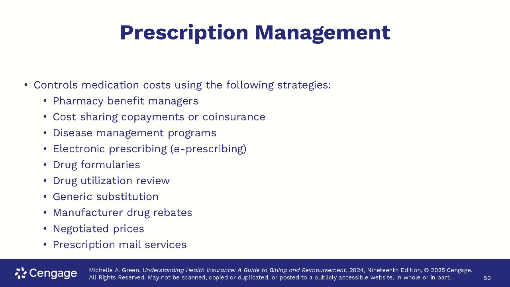All right, prescription management. This is basically controlling medication costs, and there's a couple of strategies, but I'll just use one as an example. I have a medication that I use for my asthma, and one day, all of a sudden, that medication was $230 a month.